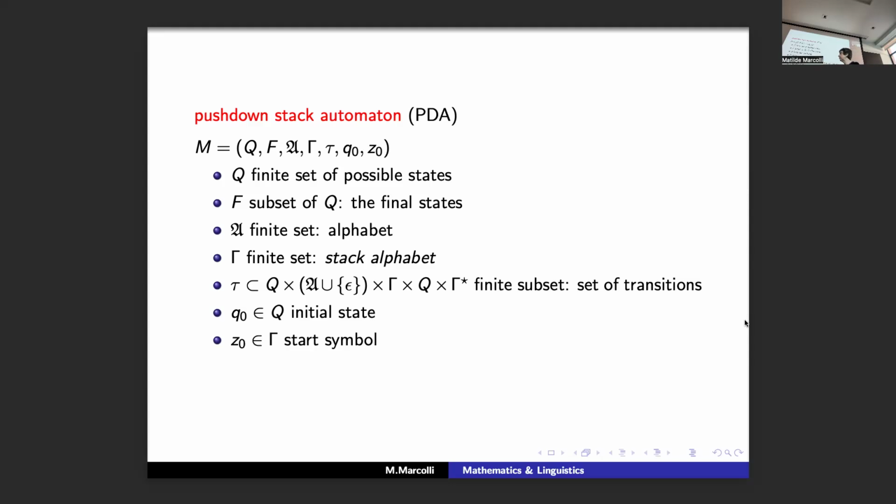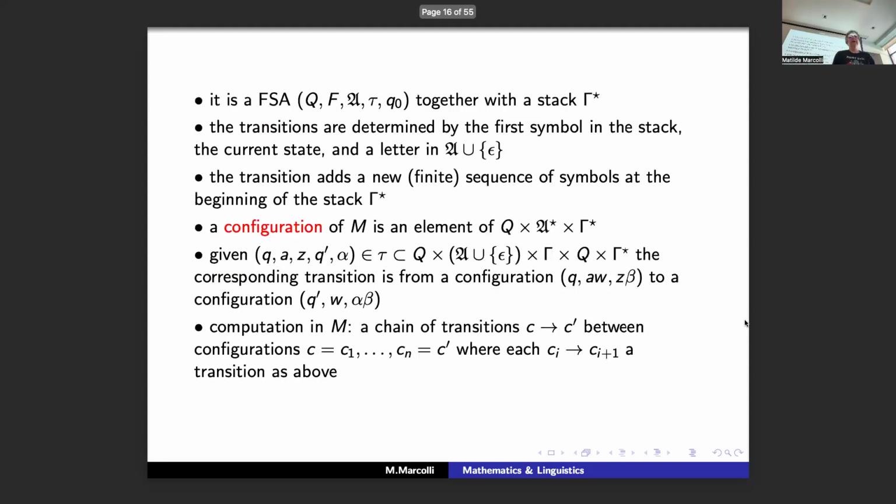And there is an initial state, but you also initialize the stack. So that's the difference. The transitions are determined by what you read on the tape and what you read on the stack, the first symbol in the stack and a letter in your alphabet labeling the edges in the graph.